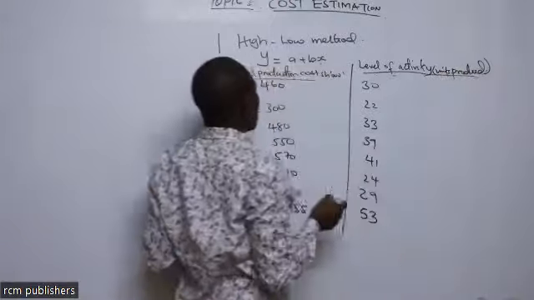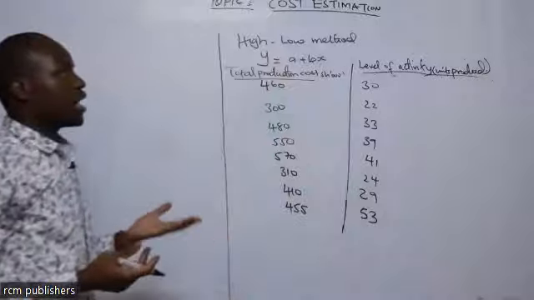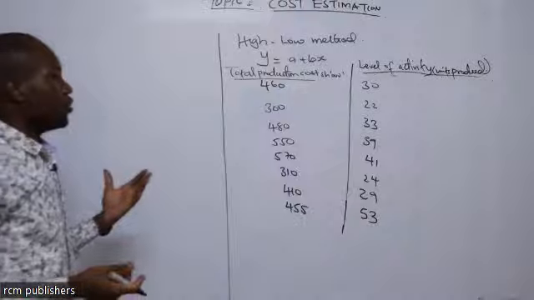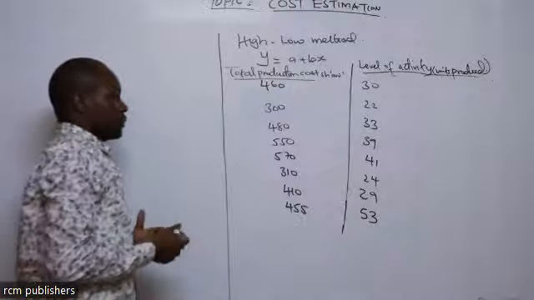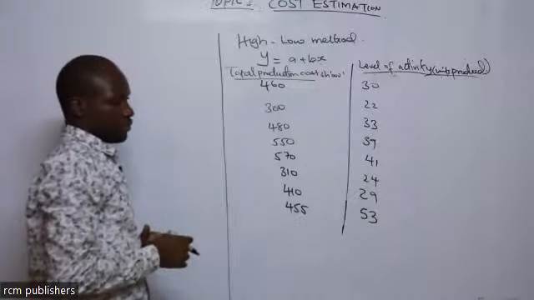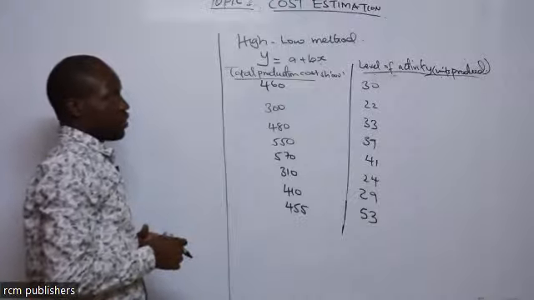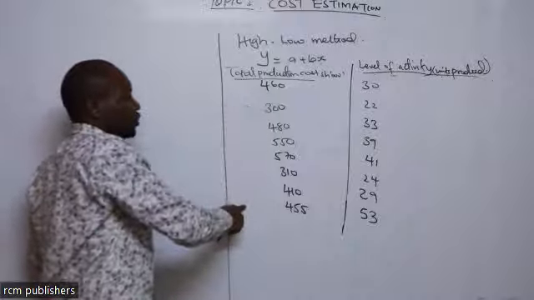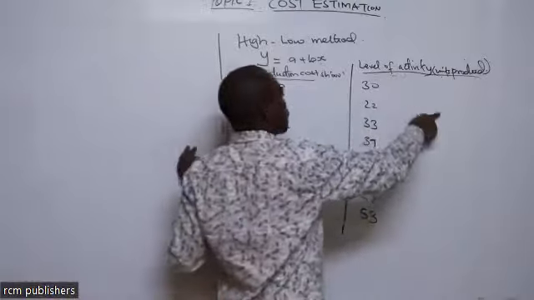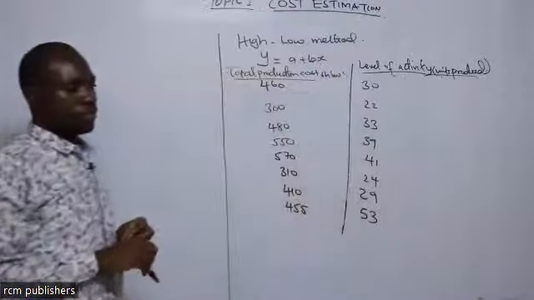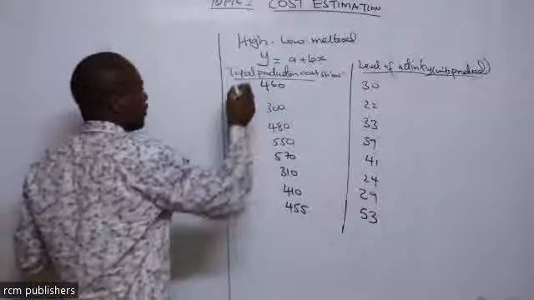So between total production cost and activity level or units produced, what are we going to have as the determinant of each other? Do I use the total production cost to get units produced, or I use units produced to arrive at the total production cost? What are we going to have as Y?